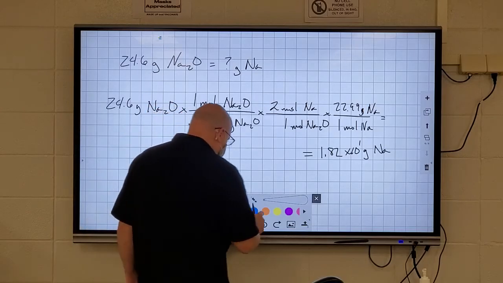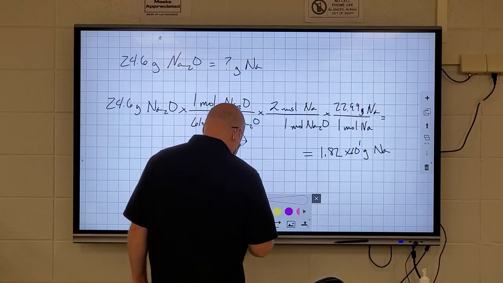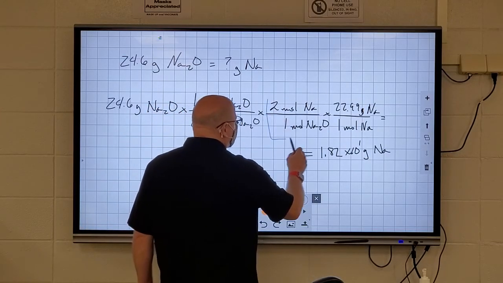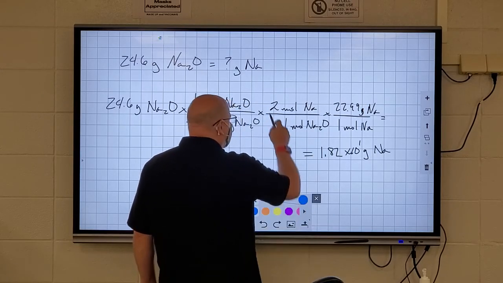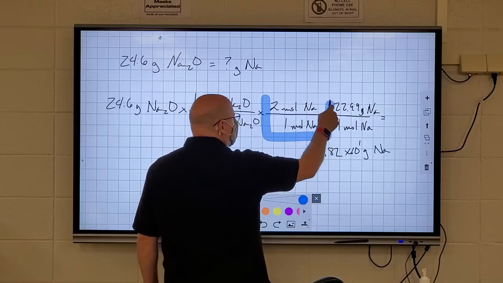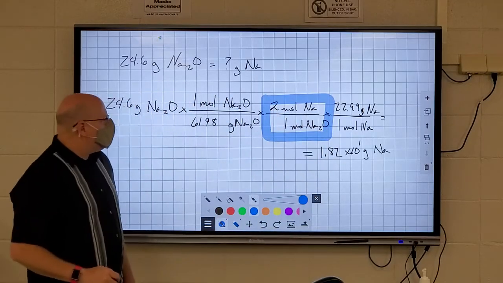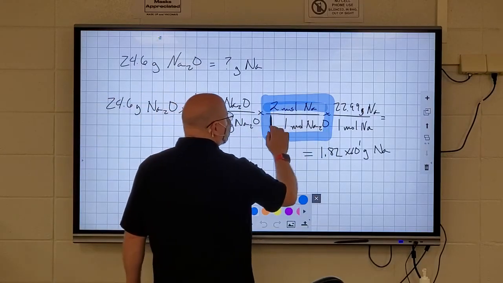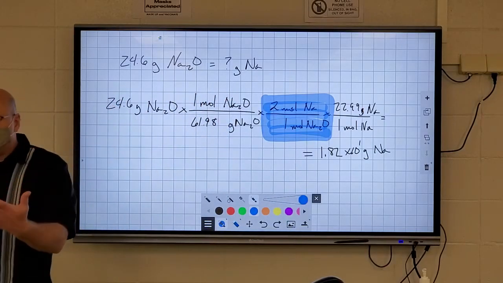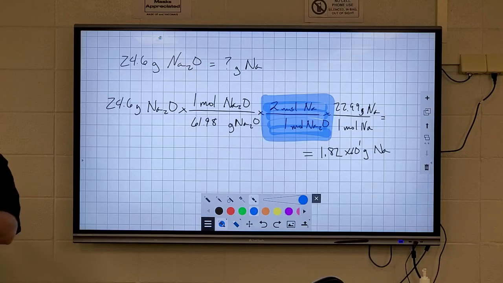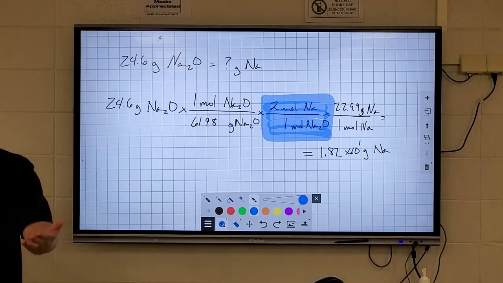Something that I'm going to say throughout the year. This right here. Remember I said, anytime you're going in between two different substances, you have to do a mole to mole conversion.